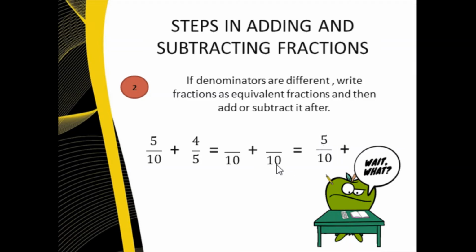Plus 10 divided by 5 times 4, we get 8. Now, their denominators are the same, so we can add them. 5 plus 8 equals 13 over 10.